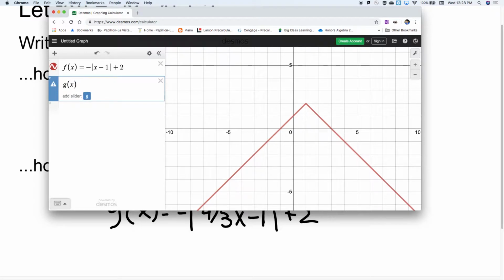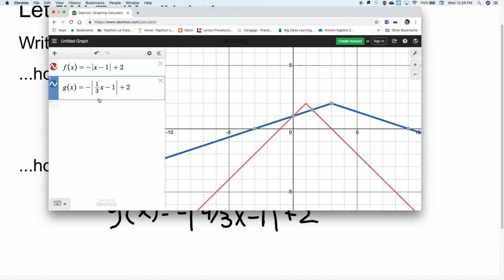Was that our first one? So that's going to be negative the absolute value of 1/3 x minus 1 absolute value plus 2. Do you see how, could you imagine taking a v and horizontally stretching it, the v gets wider? Yeah, and that's what it looks like, right? Your whole v got wider.